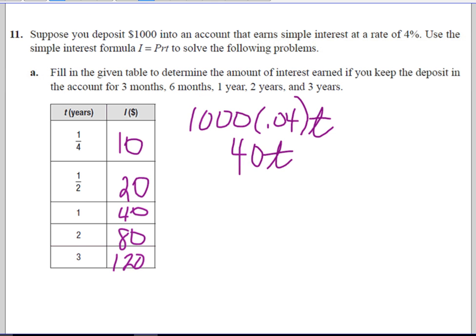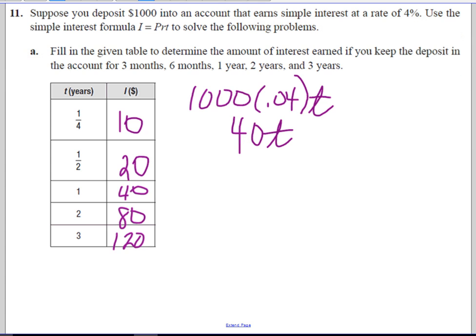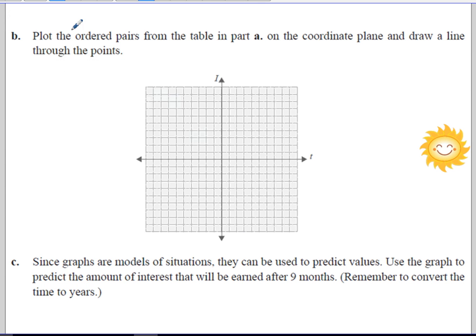Okay, so we're supposed to plot that and then draw a line through them. Since we had a quarter year, then a half year, let's count by 1/2 on the time axis. And since our numbers were in tens, let's count by tens on our I-axis.